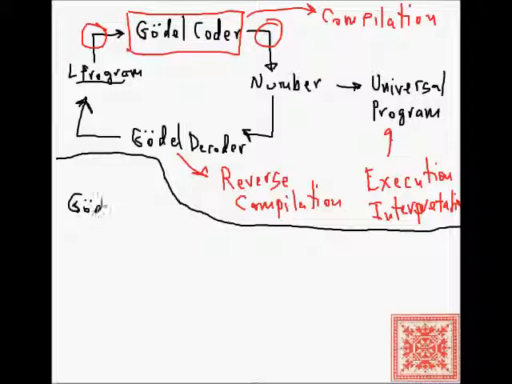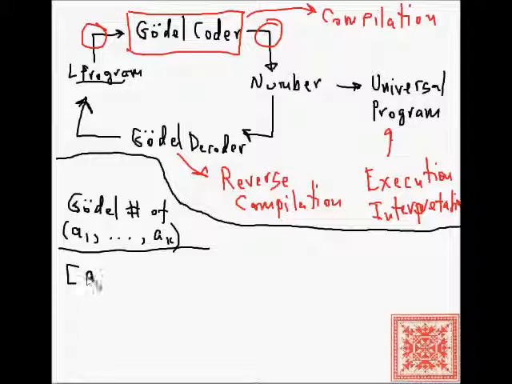Just a refresher: the Gödel number of a sequence of numbers. Let's say that we have a sequence of natural numbers, a1 through ak. The Gödel number of the sequence, the square bracketed sequence a1 through ak, is defined to be the product from 1 to k of the powers of the corresponding primes.